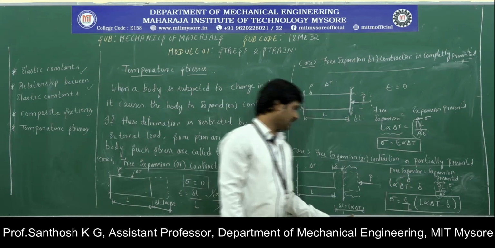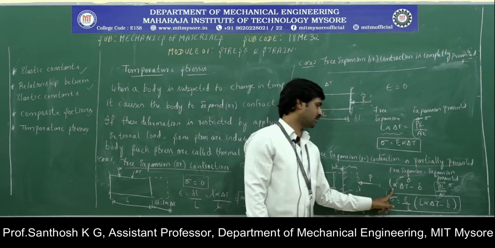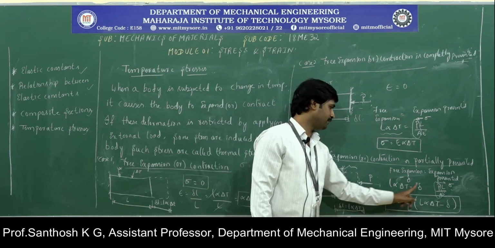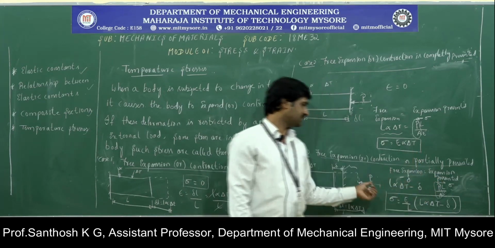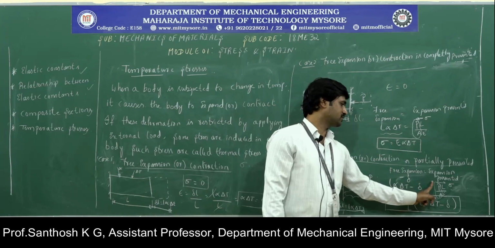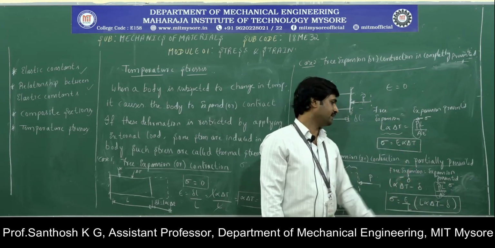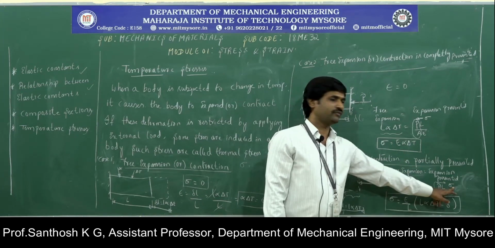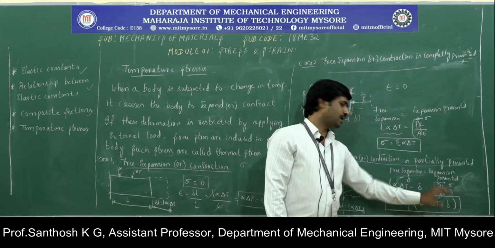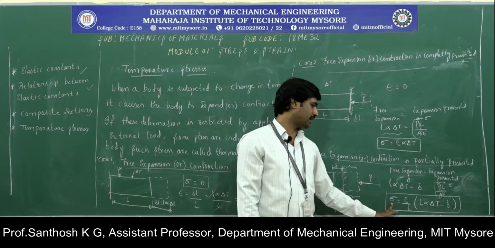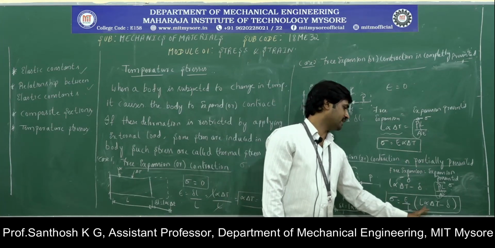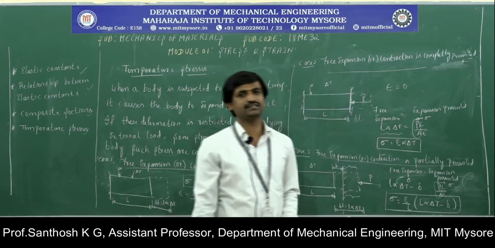So the free expansion, L alpha delta T, minus delta equals the expansion prevented, which can be calculated by using the equation PL divided by AE. If we replace P by A with sigma and simplify, we will get the expression for sigma as E by L times the bracket L alpha delta T minus delta.